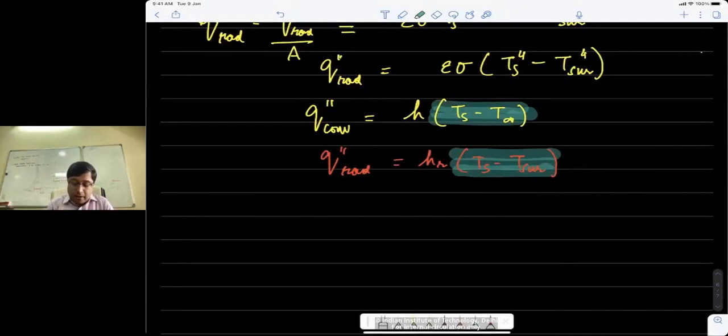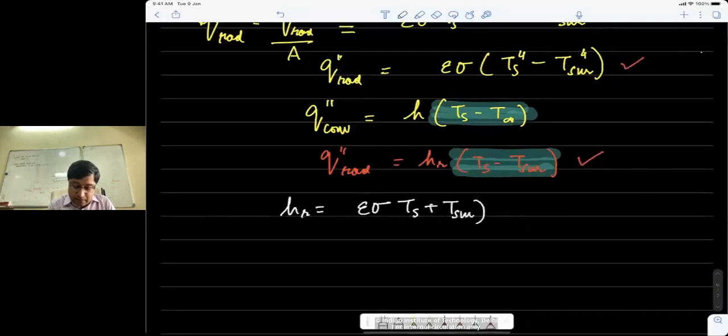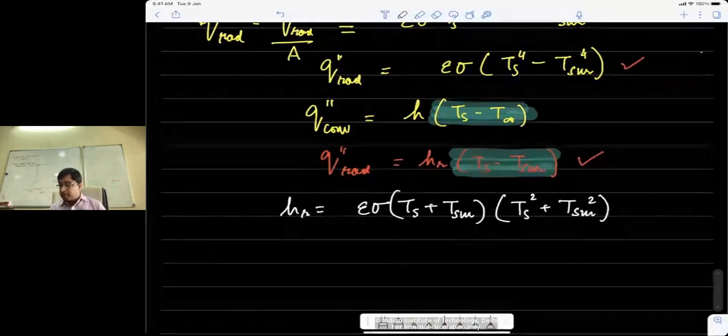But what it does is, now if you compare this equation with the equation that we've derived, it is clear that hR must be equal to epsilon sigma times (Ts plus T surroundings) times (Ts square plus T surroundings square).